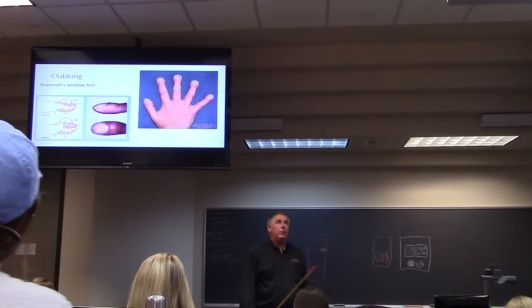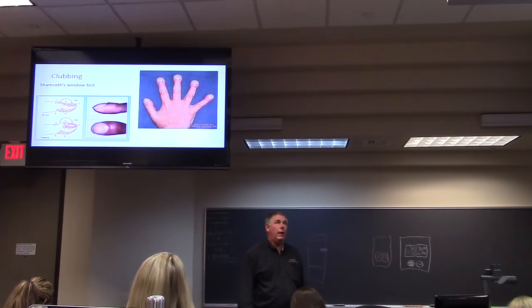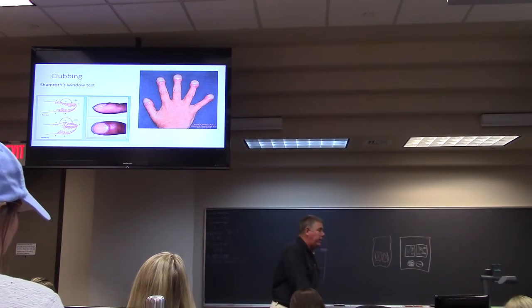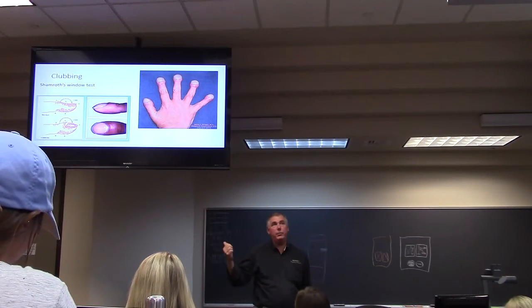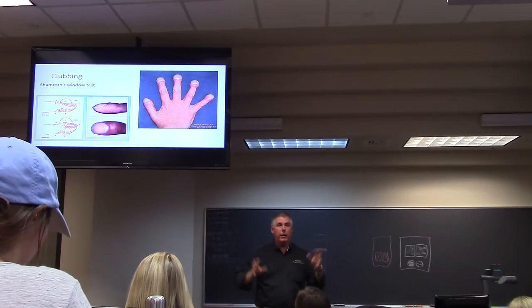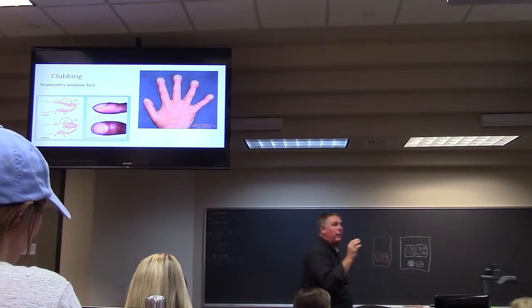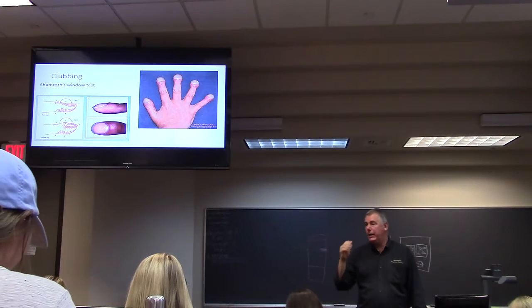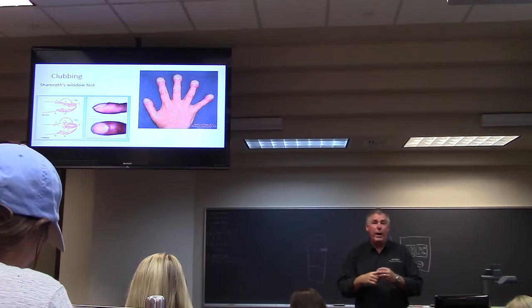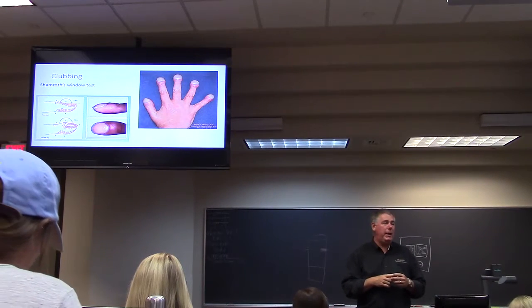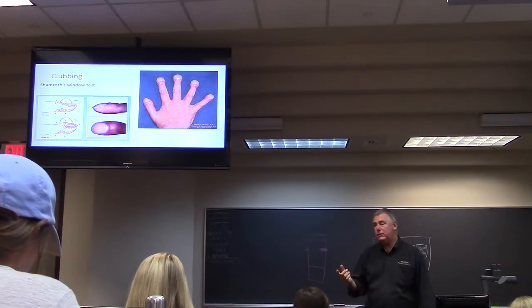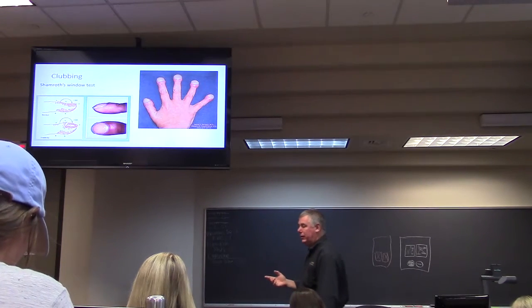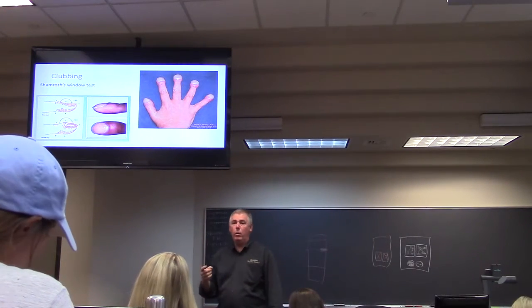This is clubbing here. It looks sort of like a gecko. You can just imagine this person being able to walk up the outside of an aquarium. The pathophysiology here is not understood, why you get these changes, but it's believed to be related to prostaglandins in hepatocellular disease, the effect on bone growth.